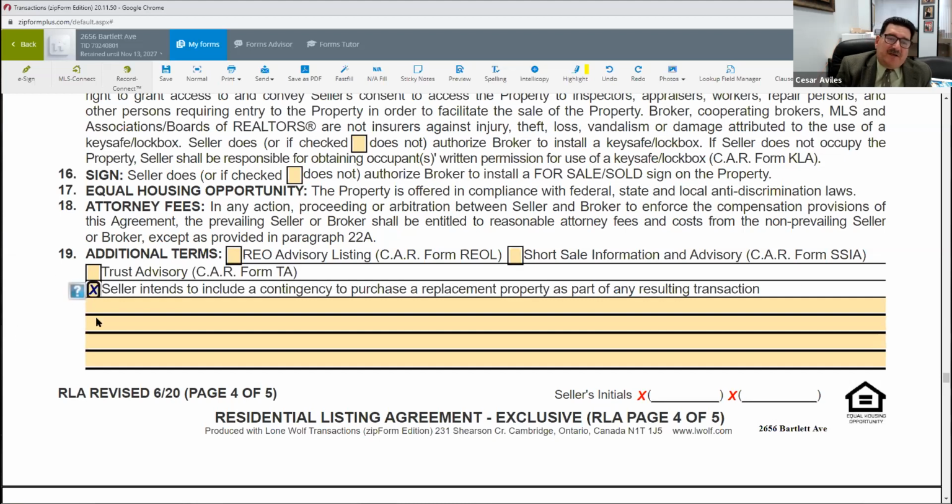So you click over here, and then when an offer comes in, you're supposed to send a counter offer with the form that says that this transaction is contingent upon the seller finding another property. And that will be another day that we will be teaching those contingencies, okay?